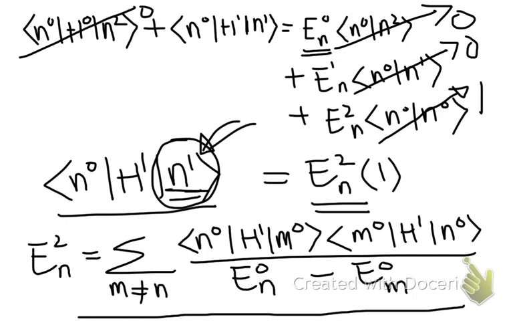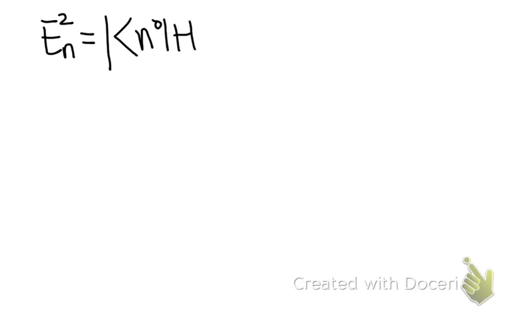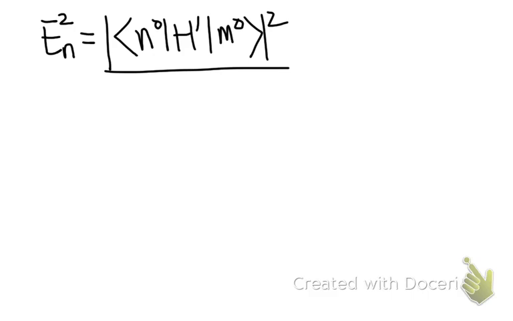And this over here can then further be written as my E second order is then equal to the modulus square of H1 between N0 and M0, over E_N0 minus E_M0.